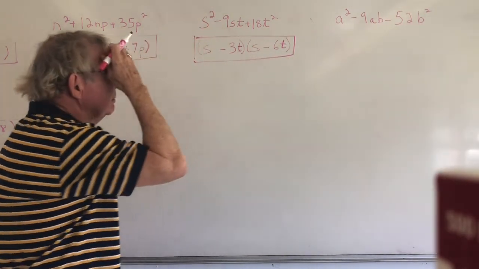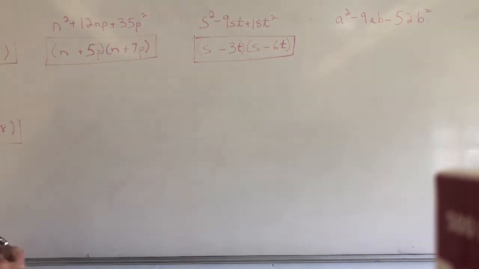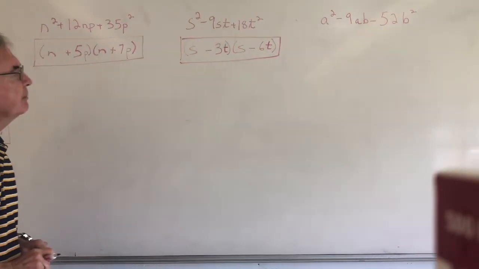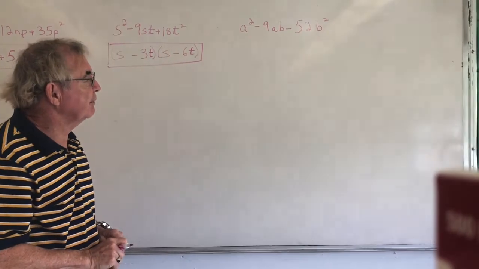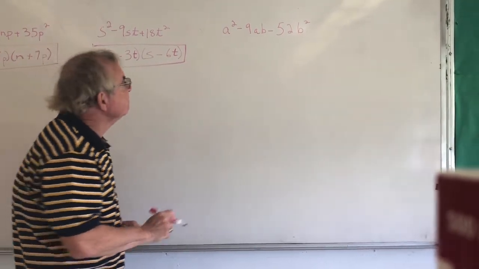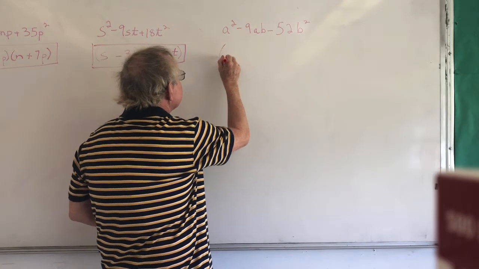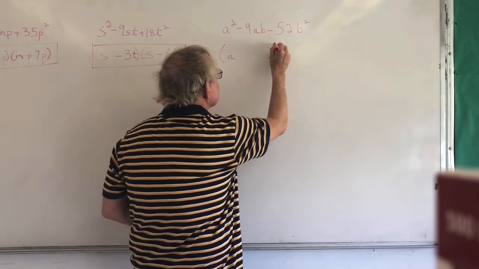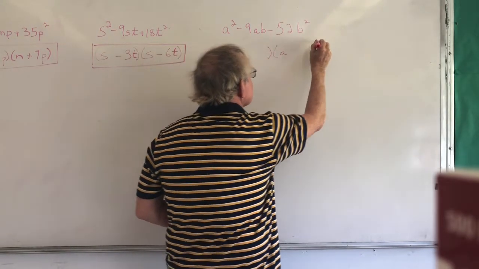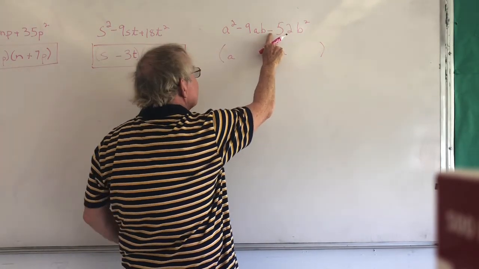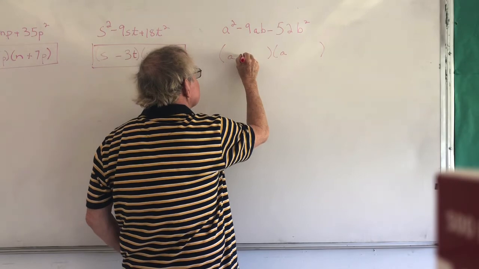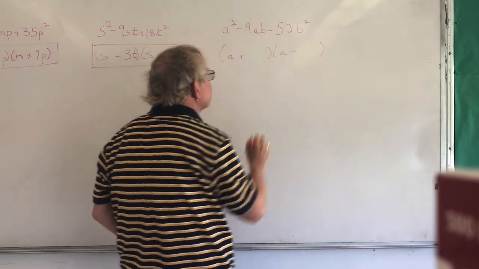But then our last one is similar. That 52 could be a little bit harder to find the factors of. We'll try. We have a and a. Okay, this is negative. That tells you one's plus and one's minus.